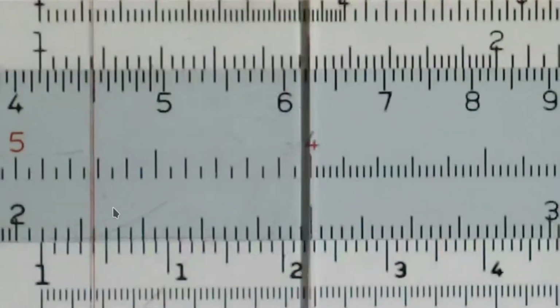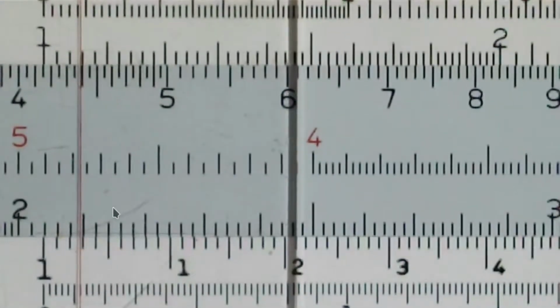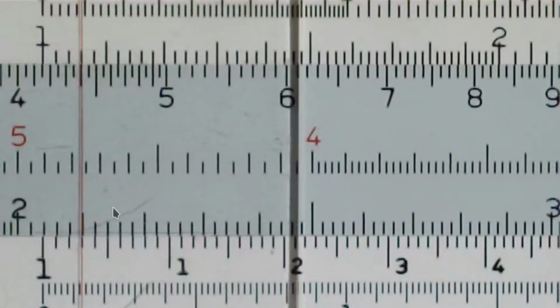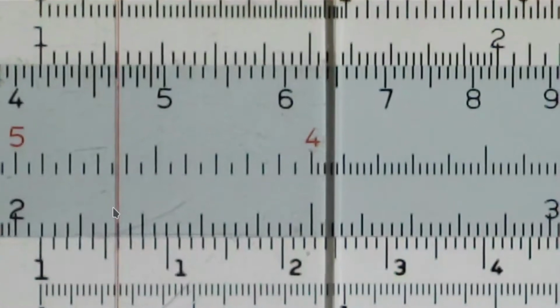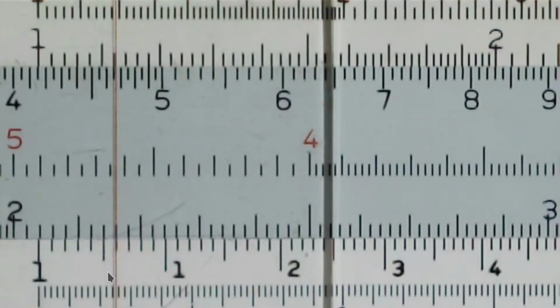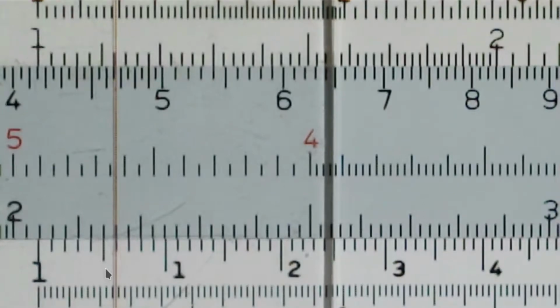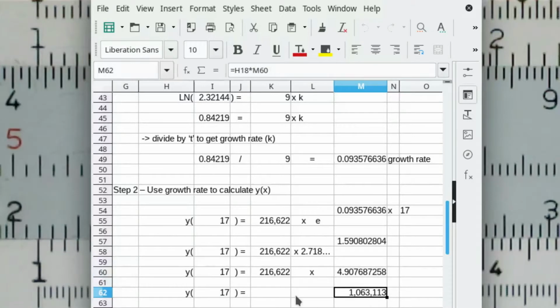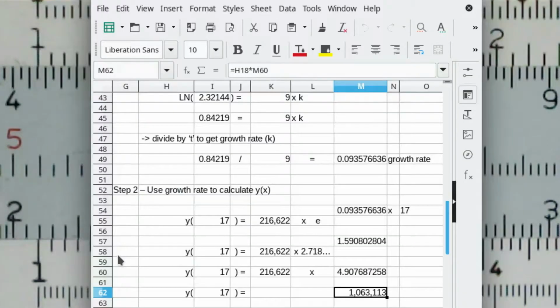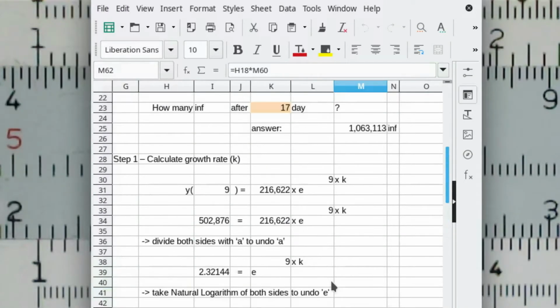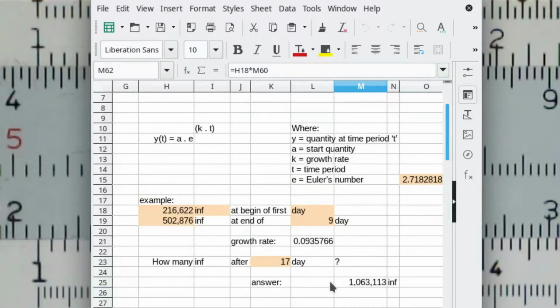So we bring our marker there, 2.16, and then down below we can then read off between, well, the one on the left is 1 million. The other one is 1,100,000. So we see 1 million sort of 0.6, yeah, sort of 1,060,000. And that brings us right in line with what we expected here.